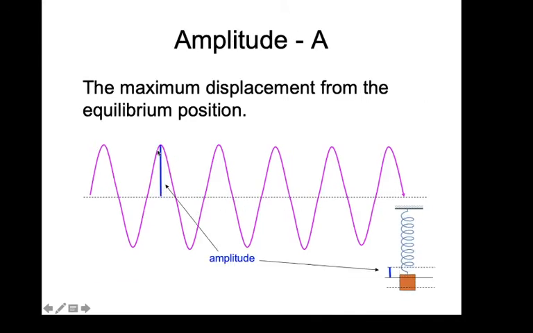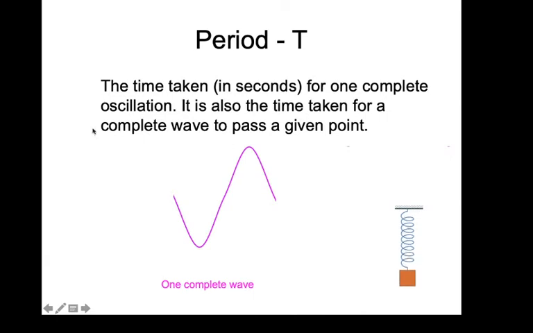Amplitude is always the maximum displacement, so the distance from the equilibrium to a peak or to a trough is the amplitude. It's an important quantity to keep in mind. It's how far away the object undergoing these oscillations is from equilibrium.